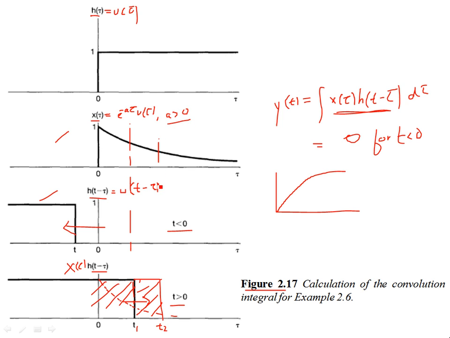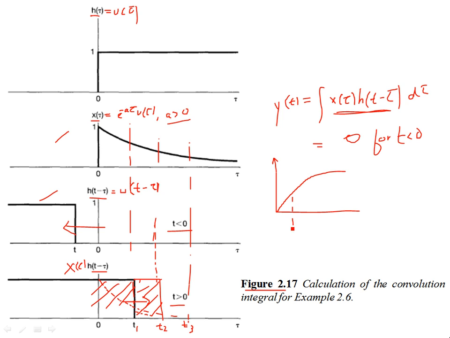But if you consider the overlapping over here, this overlapping region is also decaying with time. So the rise is going to be asymptotically reaching a certain value where the signal x(tau) is going to vanish. Graphically you're shifting this, so t3 is greater than t2 and t2 is greater than t1.